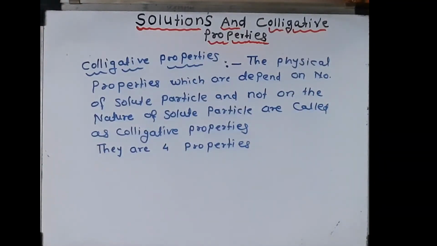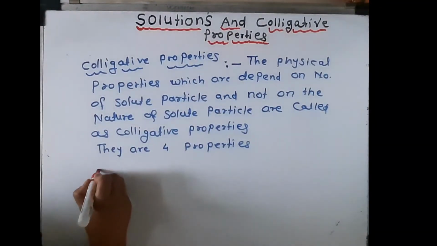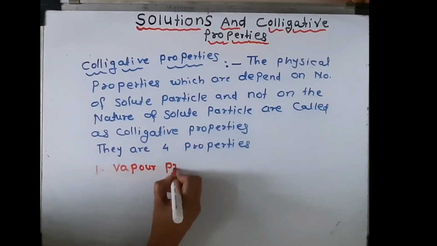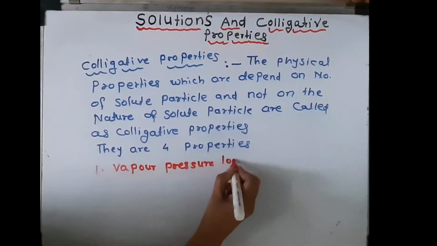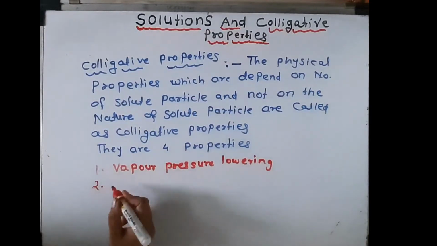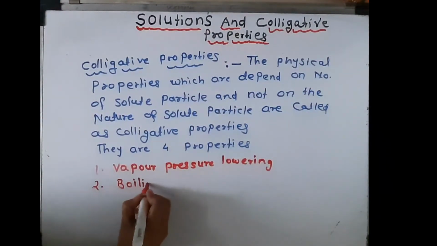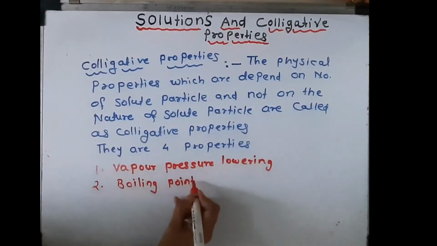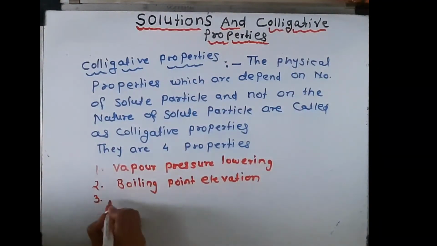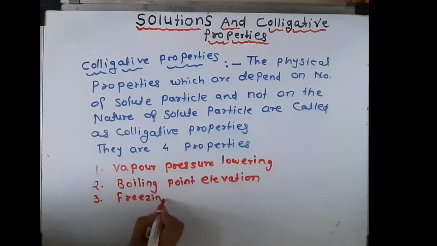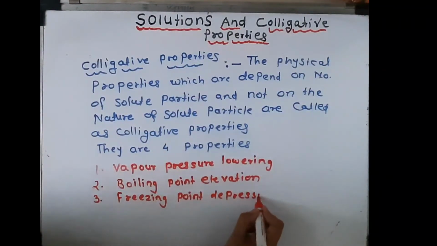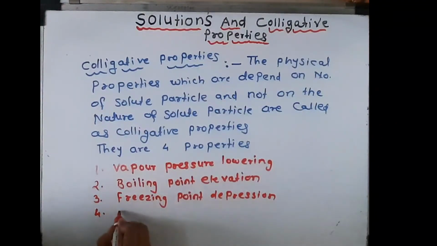These four colligative properties are: first, vapor pressure lowering; second, boiling point elevation; third, freezing point depression; and last, osmotic pressure.